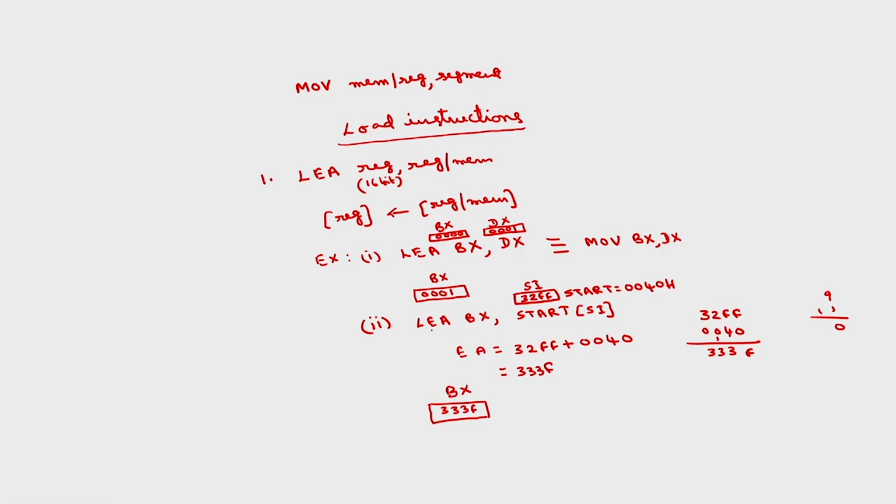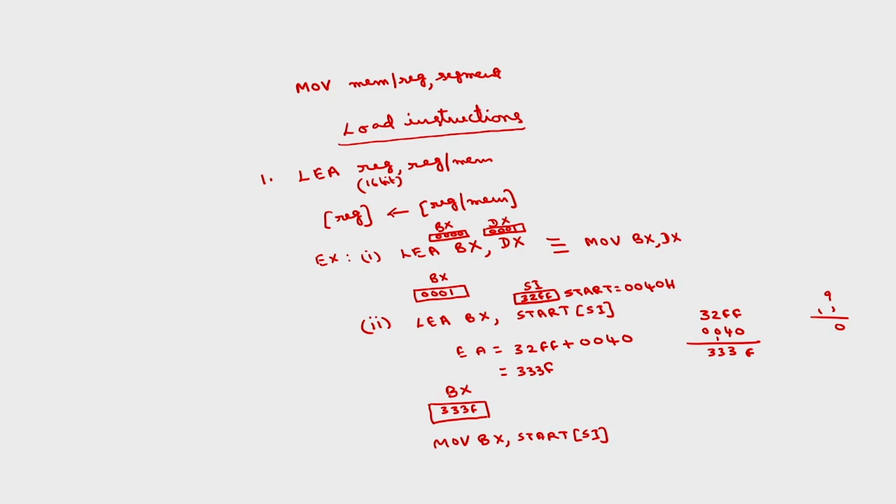Now, the difference between LEA and MOV is, suppose I write MOV BX comma start SI. In this case, this will load the contents of the physical address computed from the data segment register.